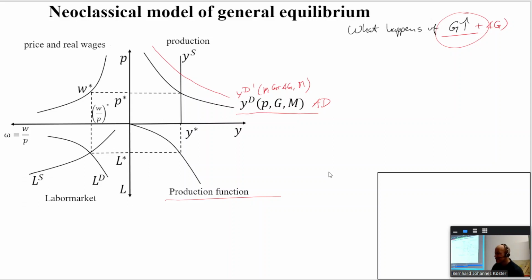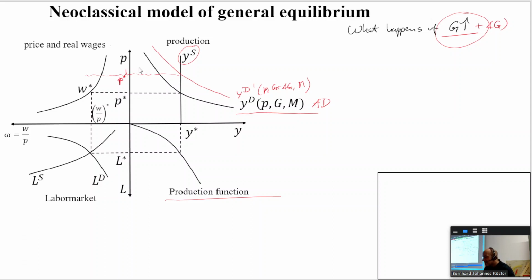No invention of ChatGPT or something like this. So this stays also at this level, our long run AS curve. So what happens then is just going to the left, we obtain a new price level.